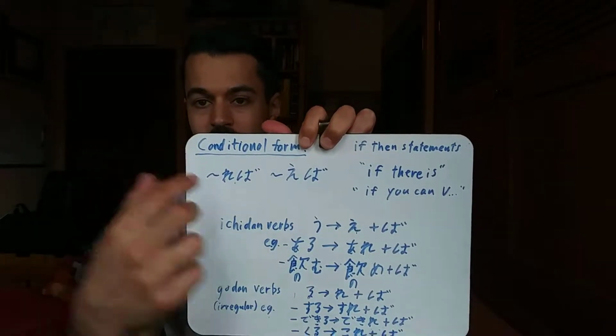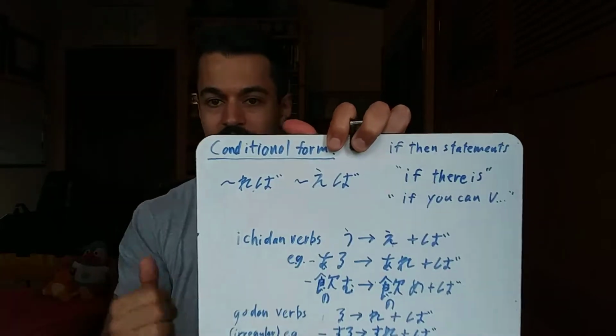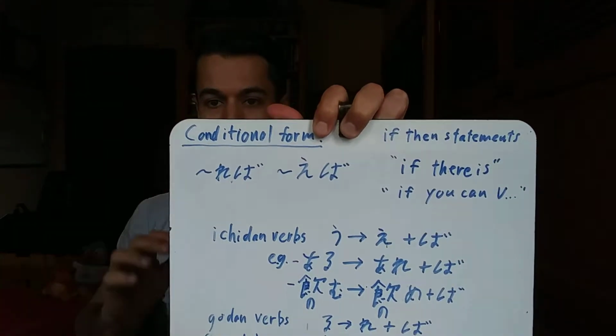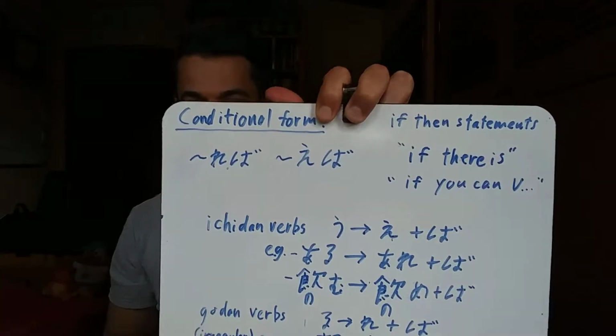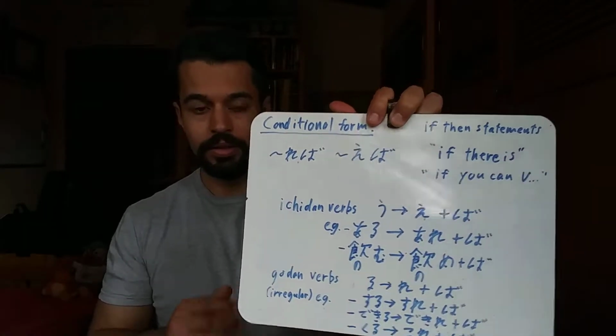So condition here, result here, is basically how the sentence is built around this particular conjugation. So that's the basic structure, and the part that makes this one a little bit difficult is that depending on the kind of verb that you're making it with, it'll be a little bit different, and you just have to keep that in mind when you're using it.